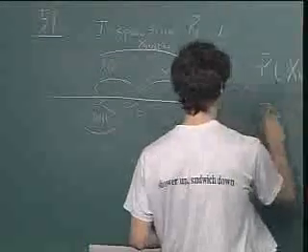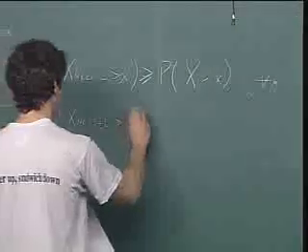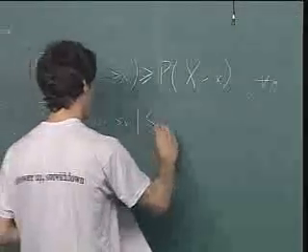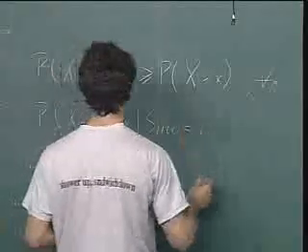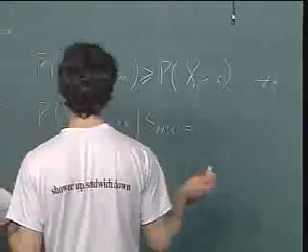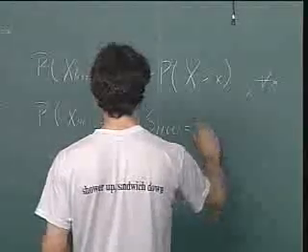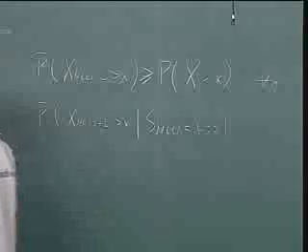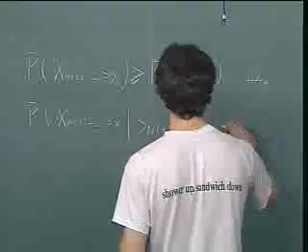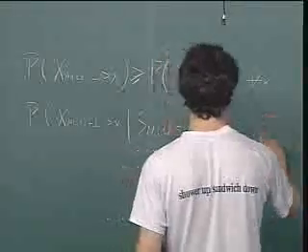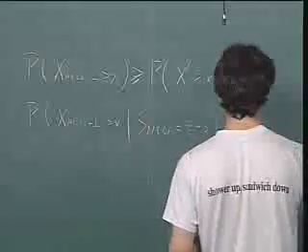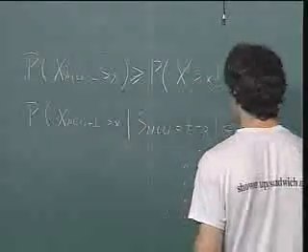So let's see. The probability that X_{N(t)+1} is greater than x, given that S_{N(t)} is equal to, how do we condition here? Say t minus s. So let's say that this is time t minus s. Now, what is this if x is less than or equal to s?